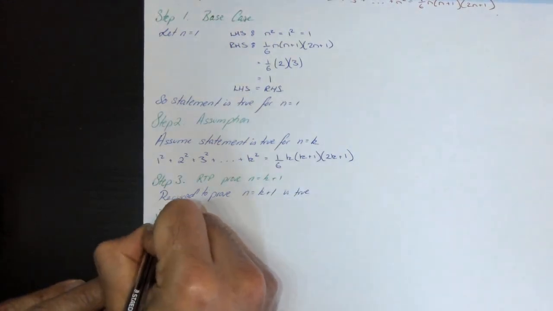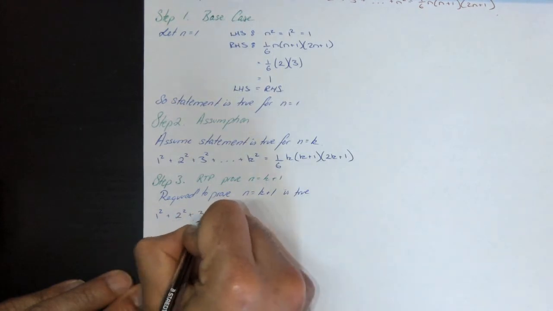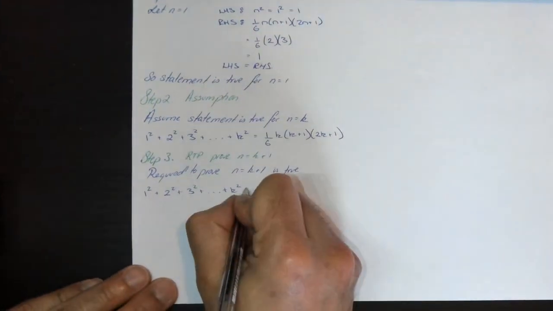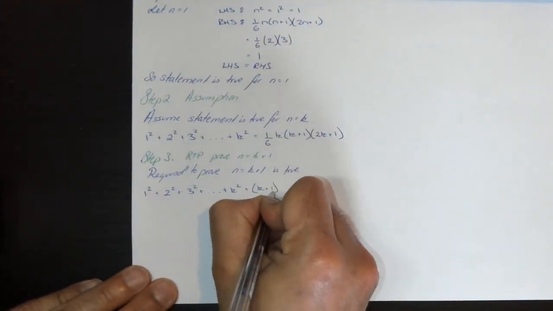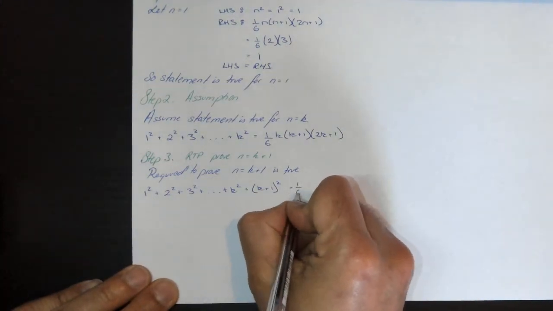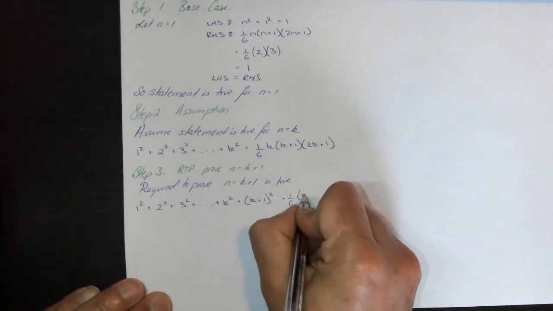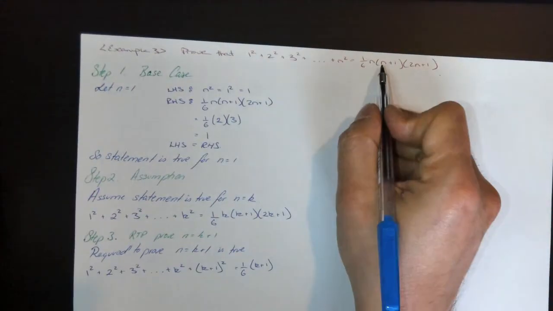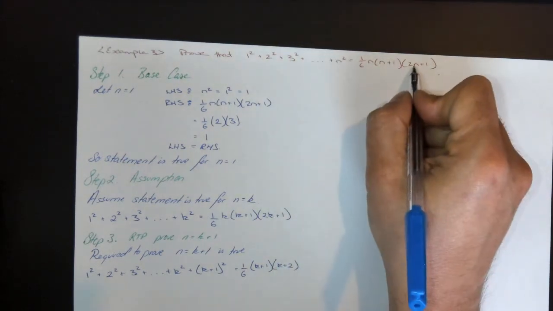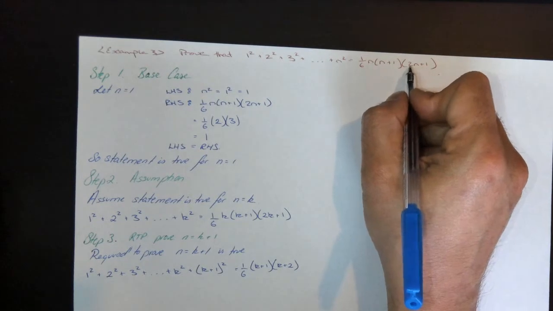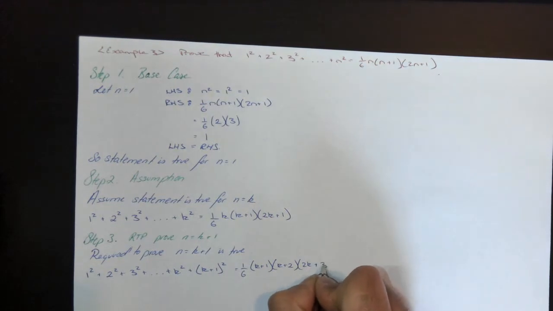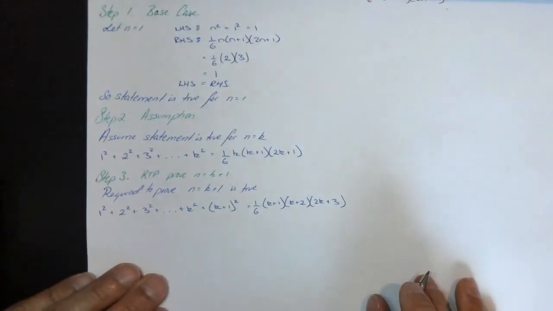So we're trying to prove that 1 squared plus 2 squared plus 3 squared, up to k squared, plus k plus 1, all squared, is equal to 1/6. We want k plus 1. k plus 1 plus 1 is k plus 2. And then 2 lots of k plus 1, that's 2k plus 2, plus 1 is 3. Okay, that's what I need to prove.